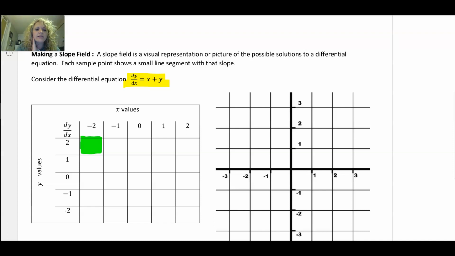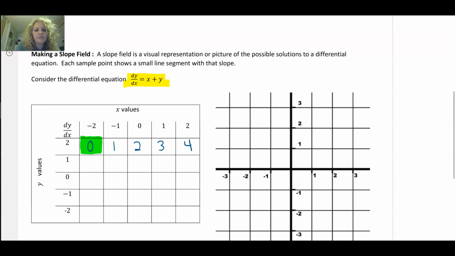I can figure out what the slope of the solution to this differential equation must be by plugging in -2 for x and 2 for y and solving for dy/dx. So -2 plus 2 is 0. As we go through and fill out this table, -1 plus 2 is 1, 0 plus 2 is 2, 1 plus 2 is 3, 2 plus 2 is 4, and so on.